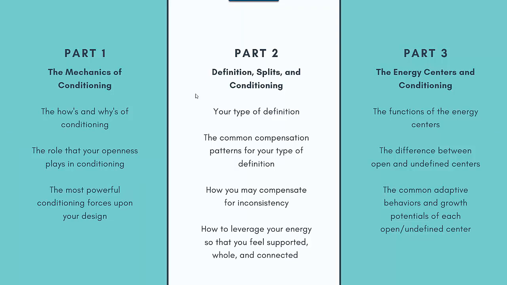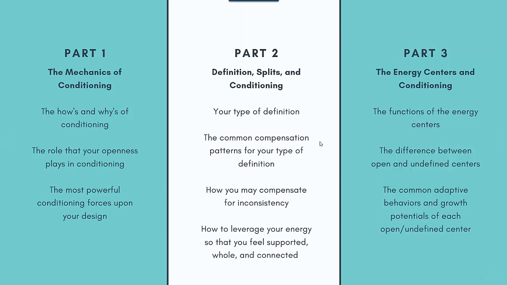In part two, we're going to explore your definition, your splits, and the conditioning forces of those bridging gates, and how to understand that within the context of whether or not you have splits and what types of splits in your definition that you have. So we're going to look at your type of definition.